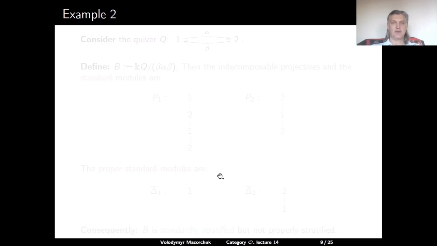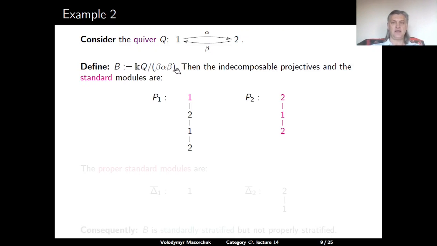Here's another example. We consider the same quiver, but now we factor out the relation beta alpha beta equals 0. Then the indecomposable projectives become bigger. So the second projective has 2 on top, 1 in the middle and 2 in the circle. And the unique Loewy filtration of the first projective starts from 1, then goes to 2, 1, and then 2 in the circle.